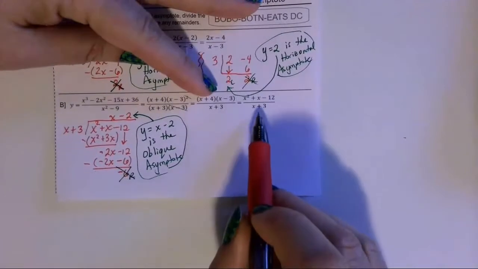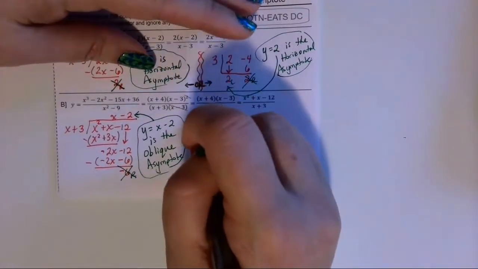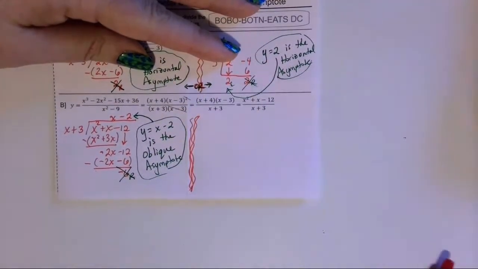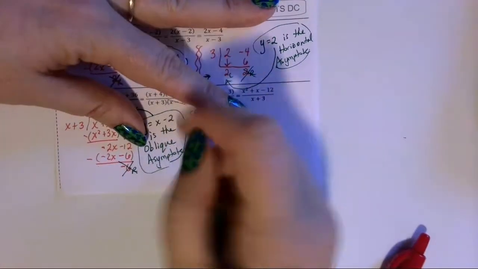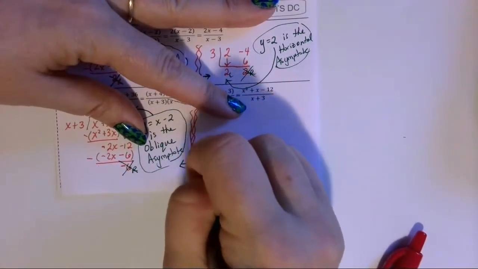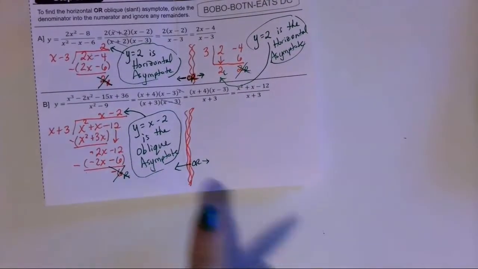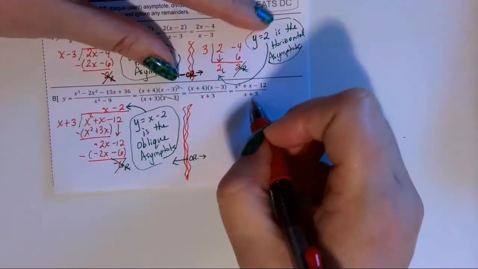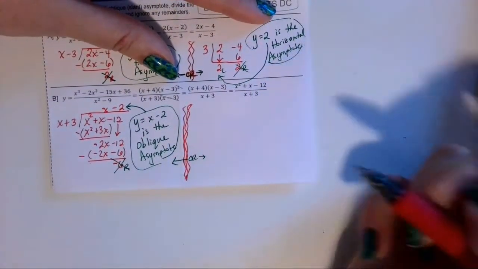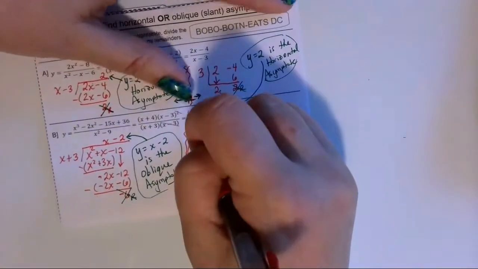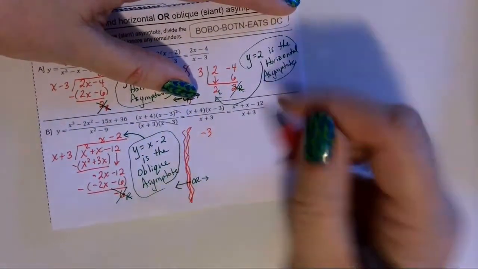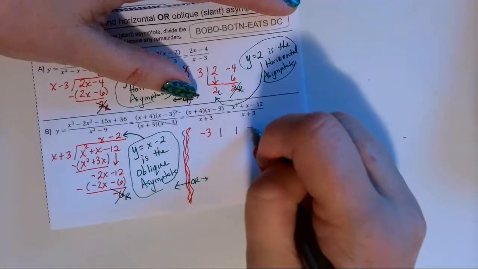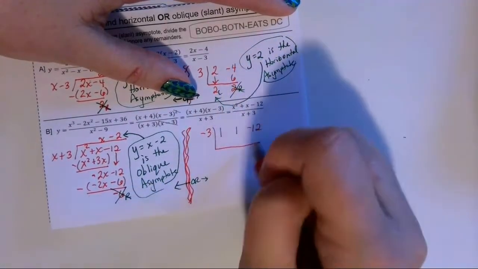Okay, since that divisor is linear, right, I could have done synthetic division instead. So again, it's either long division or synthetic division. So if I had chosen synthetic division, instead of x plus 3 as my divisor, I would use a negative 3. Then the coefficients, I have 1x squared, 1x, and negative 12 is the constant.